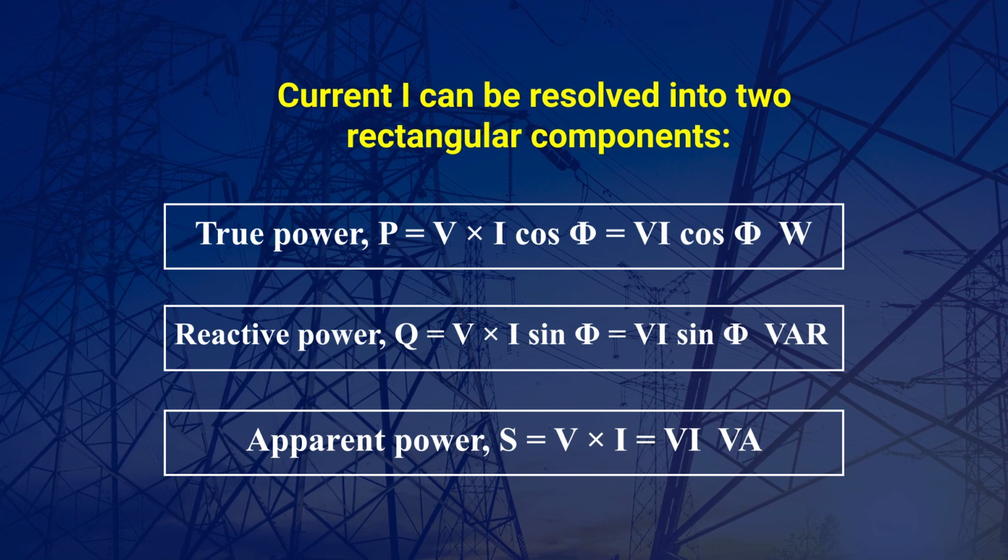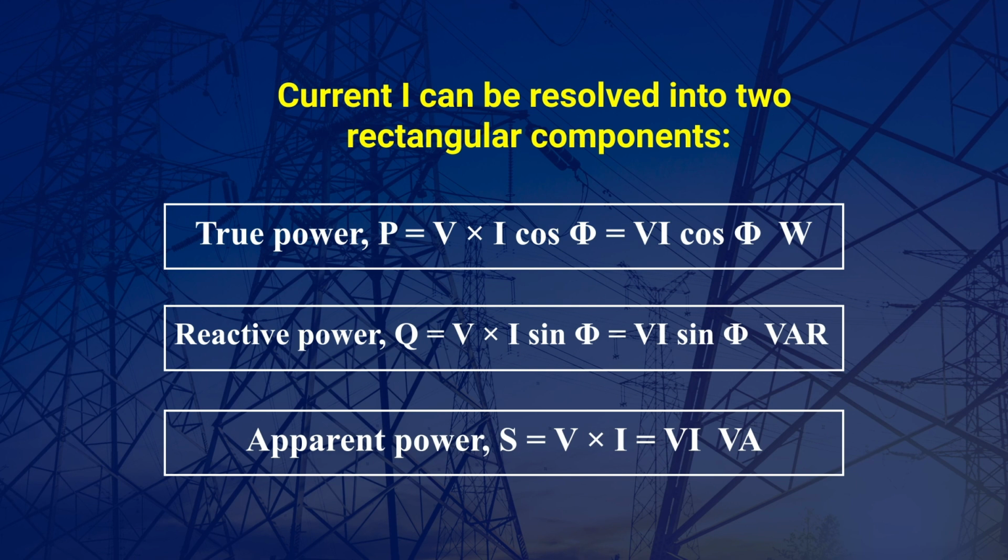That means voltage multiplied by the horizontal component of this current, I cos phi. So true power P is equal to VI cos phi, and true power is measured in watt.